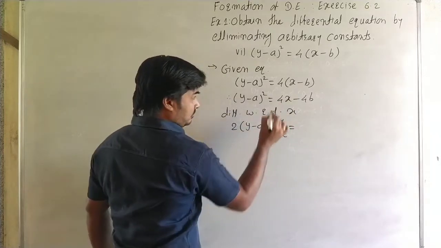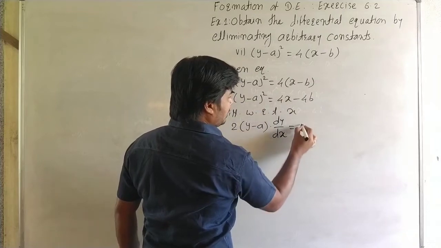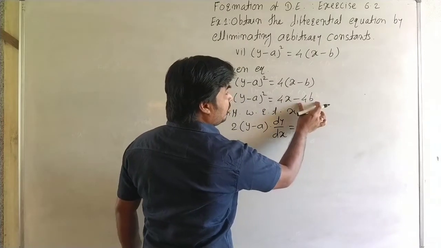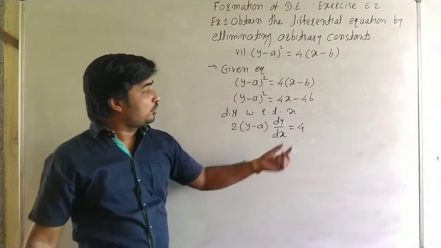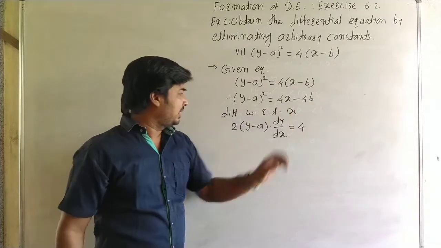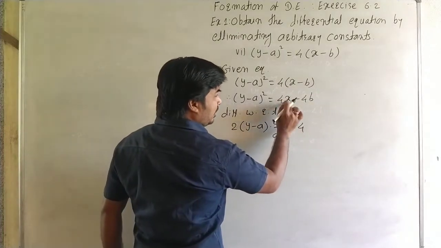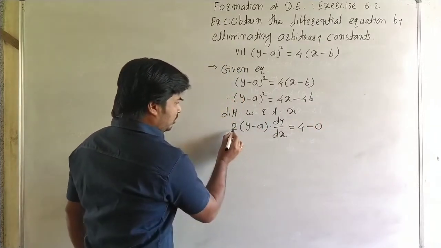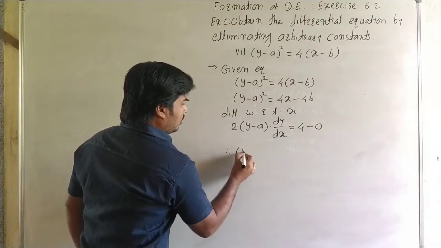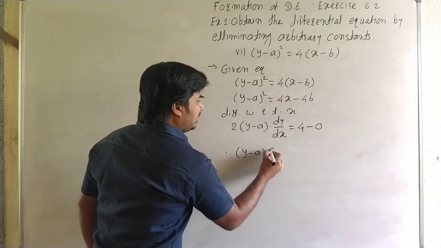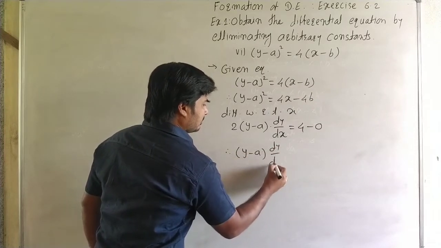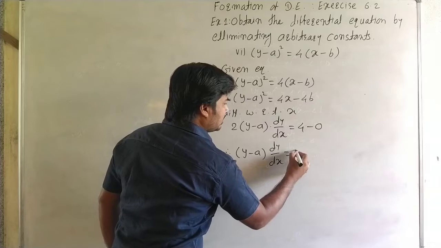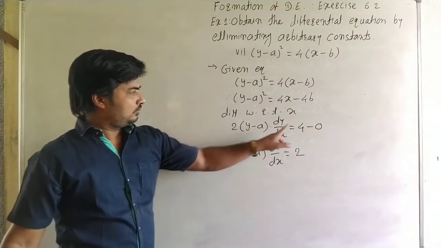And then the derivative of 4x is 4, and the derivative of 4b is 0. Now we can write 2 (y minus a) dy by dx is equal to 4, that is, (y minus a) dy by dx is equal to 2.